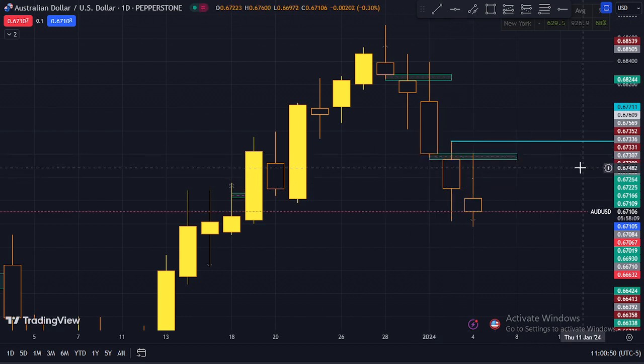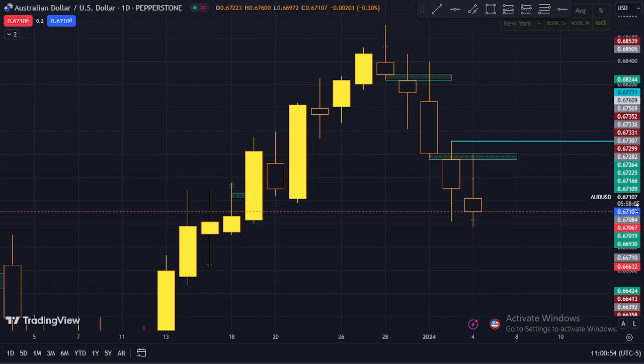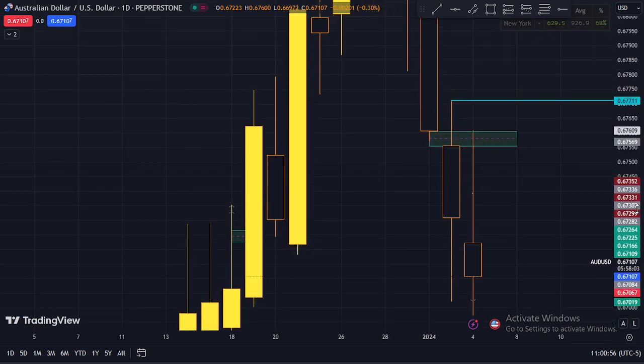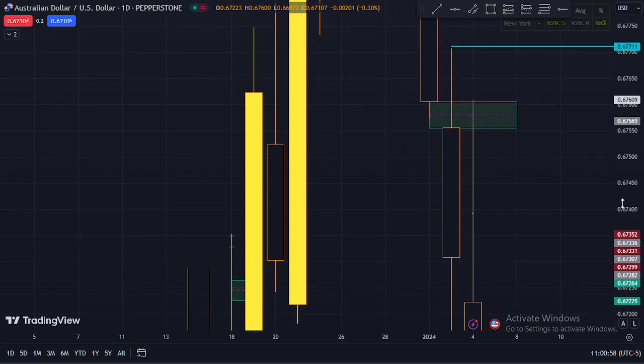Let me zoom in a little bit. We had that as a potential draw on liquidity for today, and coupling it with time gives you the daily bias. What could you be aiming for?